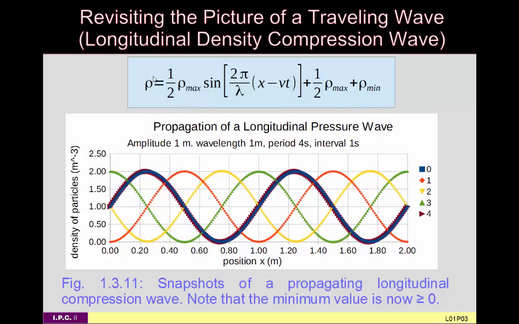Although there's also a displacement function that can go with this, in that each particle that initially started at some position is also being displaced from that position in order to create these longitudinal waves. It just happens to be in the same direction as the wave is traveling. So this density and that previous equation for y, the displacement, both represent wave functions for mechanical waves.